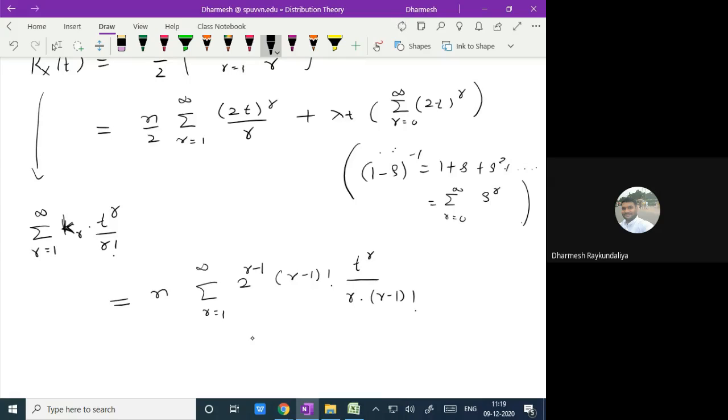So this is just what I have made a little bit. This is the lambda. This t I can keep inside. It is r equal to 0 to infinity. And if I take it inside, what happens? It is 2 raised to r into t raised to r plus 1.